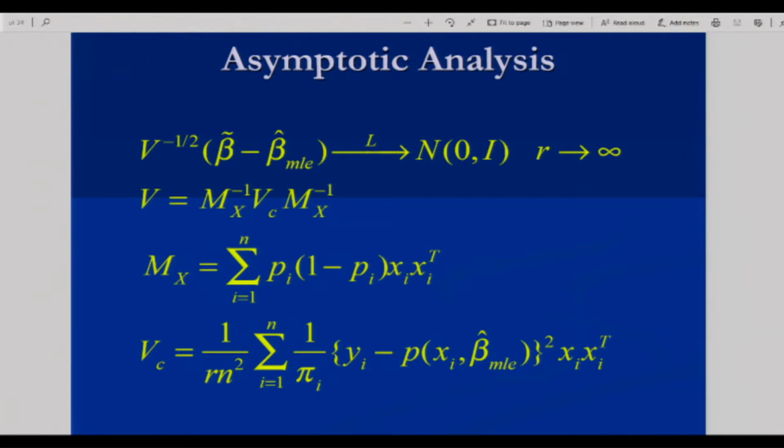In our asymptotic analysis, this variance structure is a sandwich type of formula with the inner part depending on the sampling probability. But this sampling probability once again depends on the estimate of the full sample MLE, the maximum likelihood estimate.